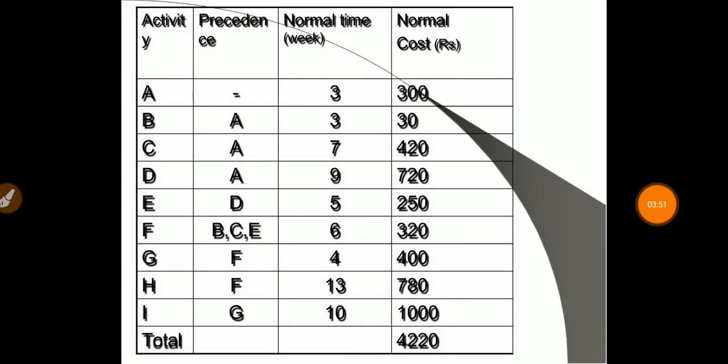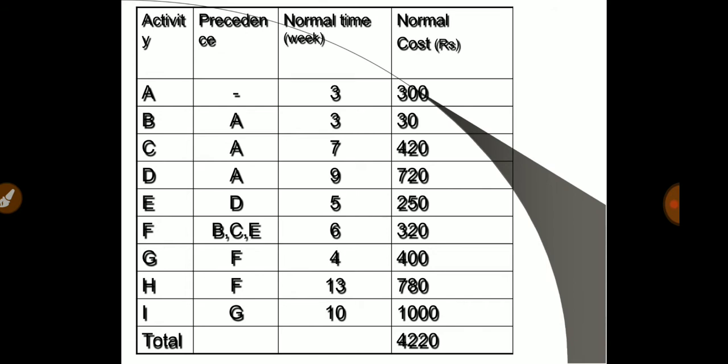Next is activity B, precedence is A, normal time is 3 weeks, normal cost is 30. Next activity is C, precedence is A, normal time is 7 weeks and normal cost is 420 rupees. Next activity is D, precedence is A, normal time is 9 and normal cost is 720.